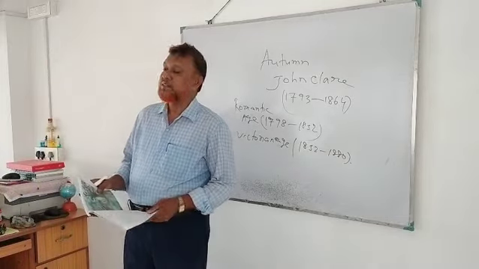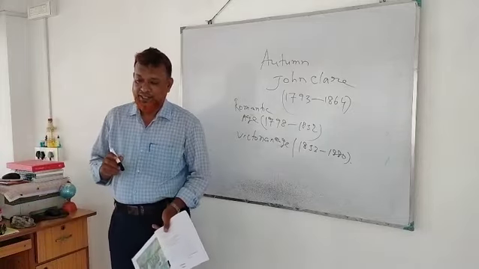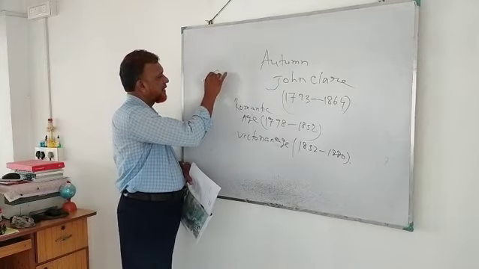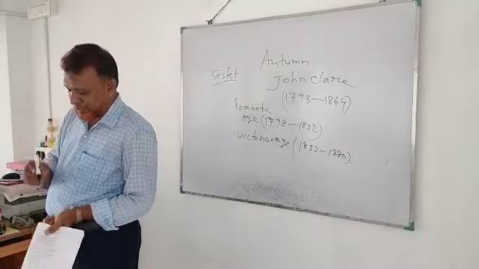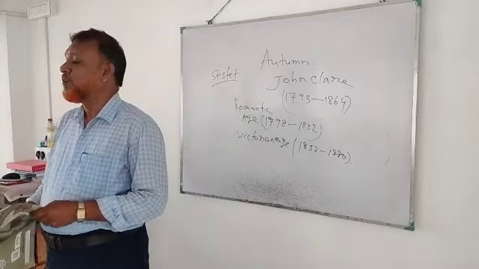Now, look at the first stanza. This stanza has 6 lines. A stanza of 6 lines is called sestet. This is a sestet. First stanza. Now look at the opening line.